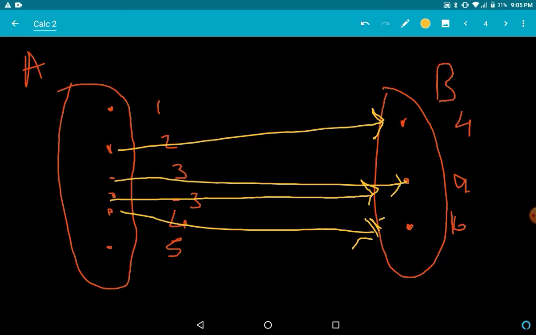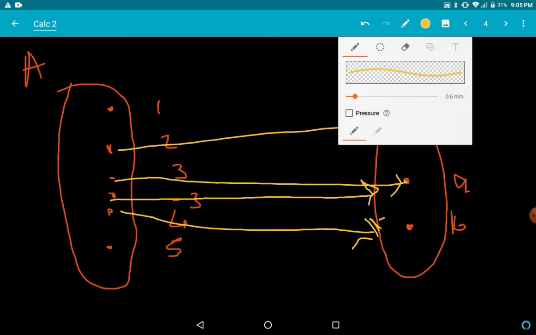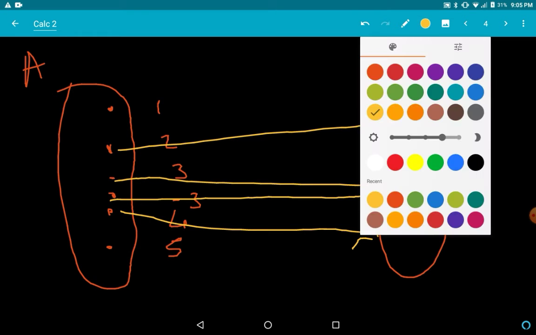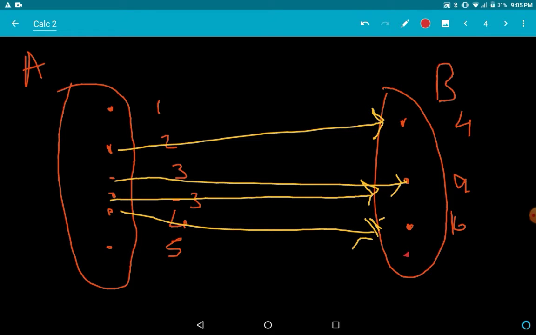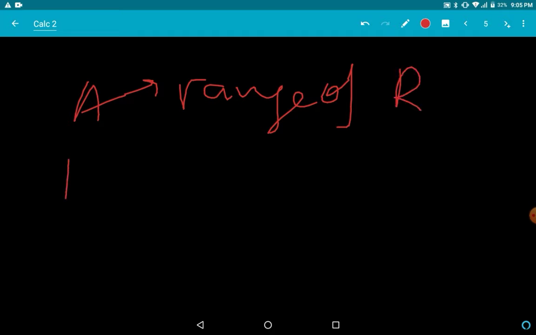This is the example we said. Okay. Now let me say if there was an extra one here, 49 for example. Okay, so what would you do? This whole thing is known as, this A set is known as range of R, relation R. This B set is known as the codomain.